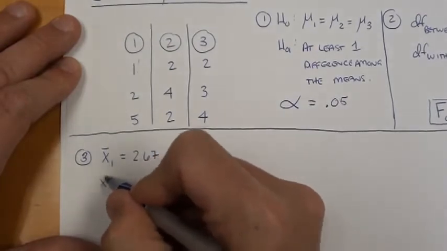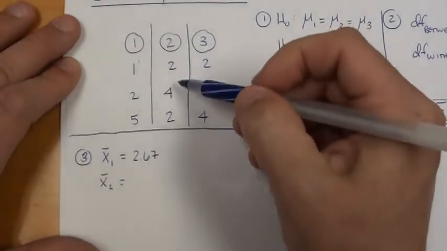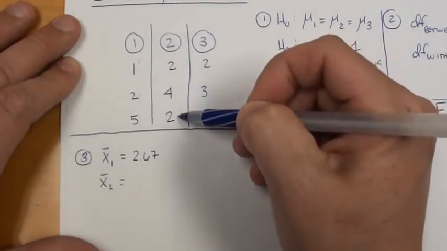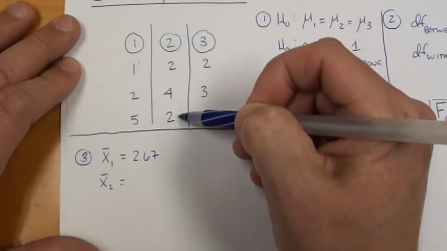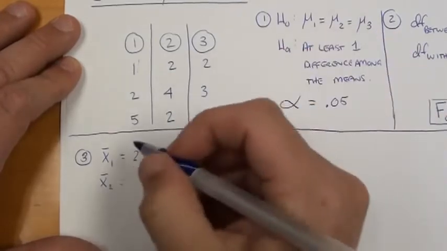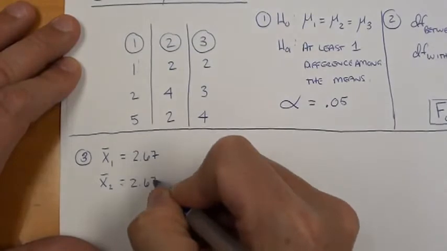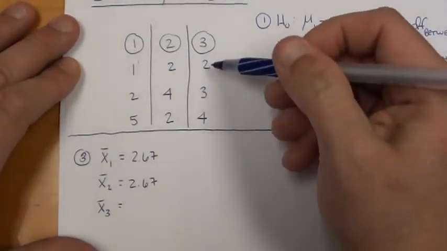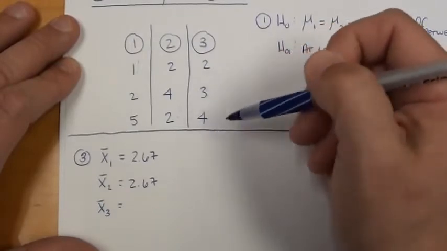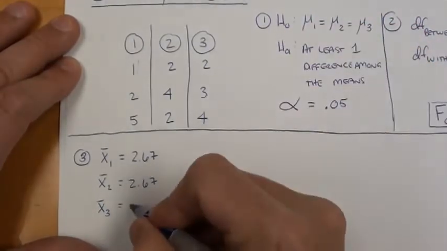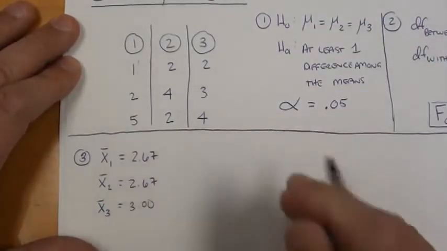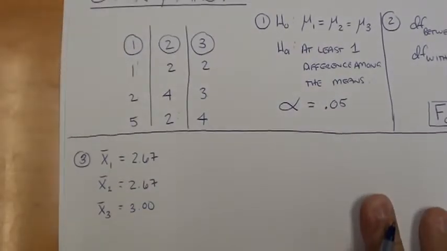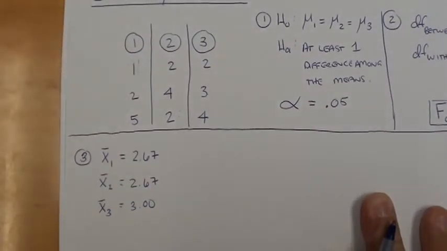Then we're going to calculate the mean for 2: 2 plus 4 plus 2 divided by 3. That's going to give you 2.67. And then you're going to do the same for the third. 2 plus 3 plus 4 divided by 3 is going to give you an even 3. So you've calculated the means for each sample.